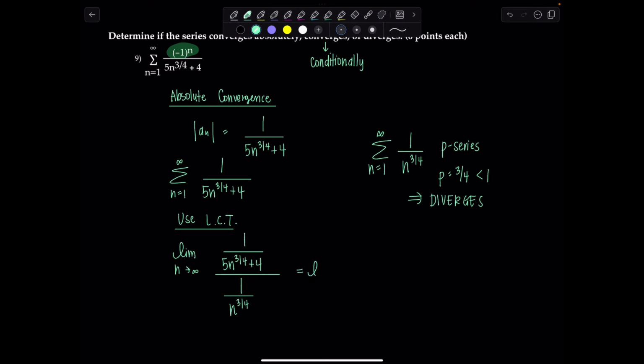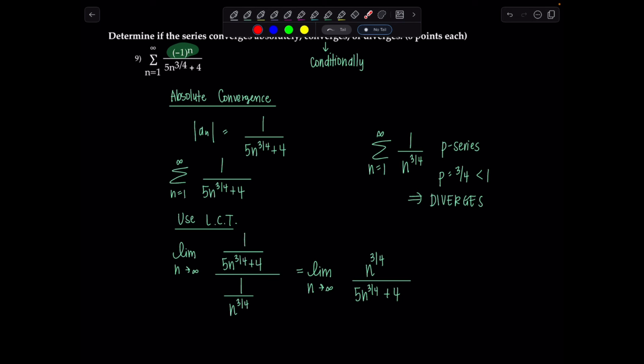So we've got now the limit as n goes to infinity of n to the 3/4 over 5n to the 3/4 plus 4. This is going to go to infinity, so is this. I don't want to do L'Hopital's rule because this is with n, and if I were to, I'd have to redefine a function of x. I'm not in the mood.